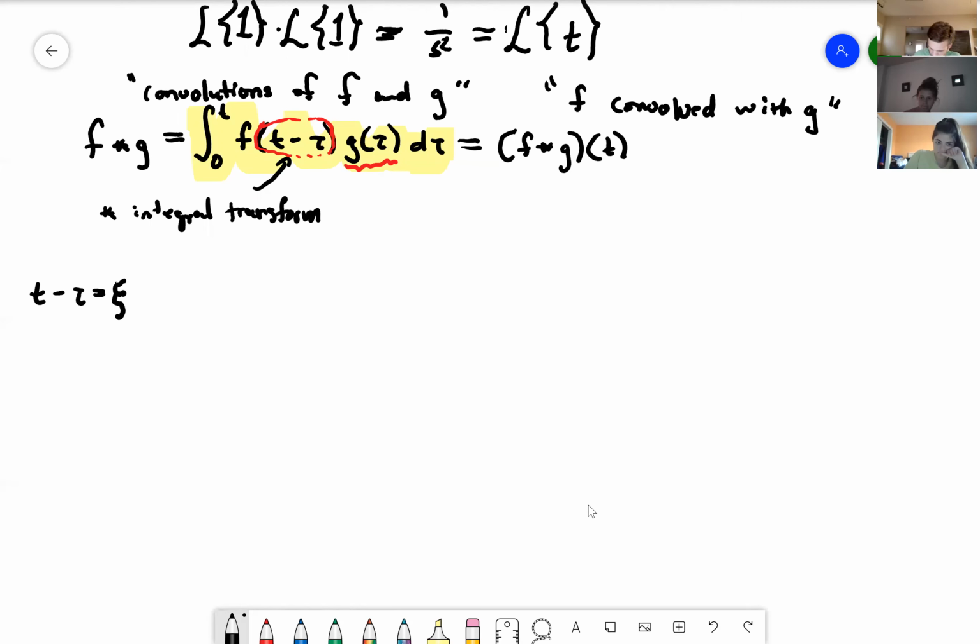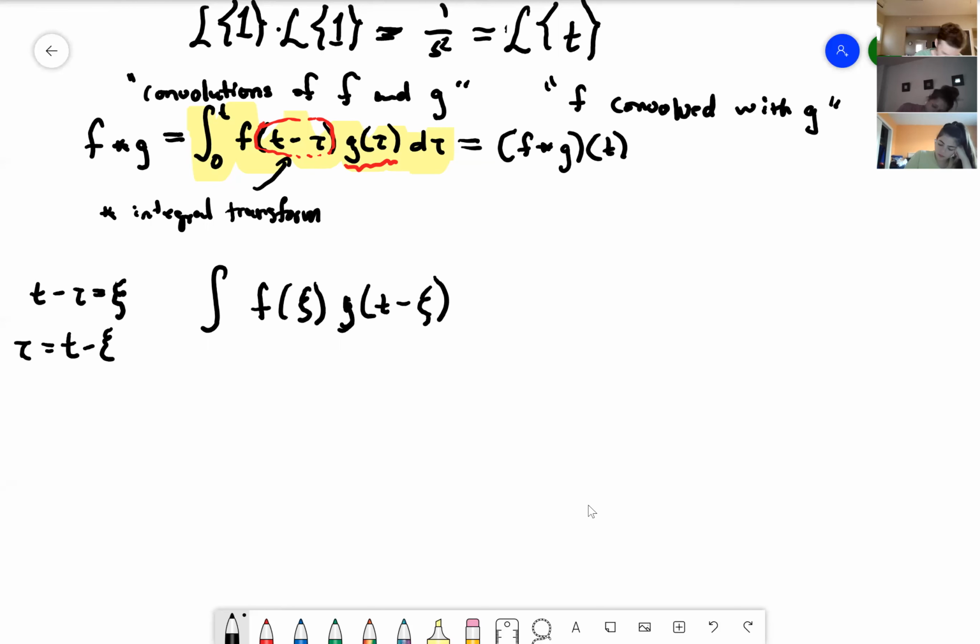So we make this change of variables, and what do we get for the integral? It will now be f of xi, g of what is tau? Tau is now equal to t minus xi. What are the upper and lower limits?